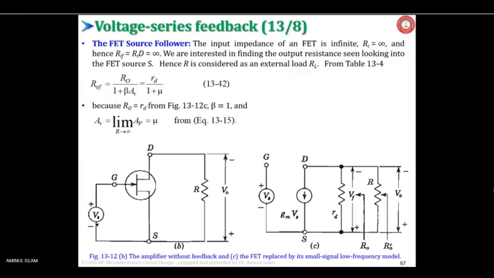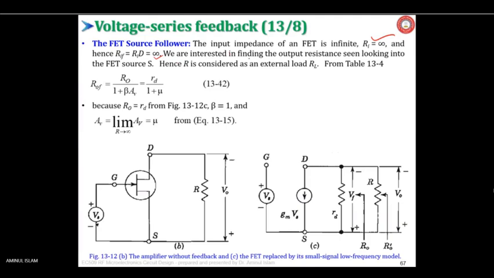Same is continued here. We are now talking about ROF, that is output resistance with feedback. The input impedance of any FET, let it be MOSFET, is infinite, denoted as Ri equals infinite, and hence RIF equals RID equals infinite.